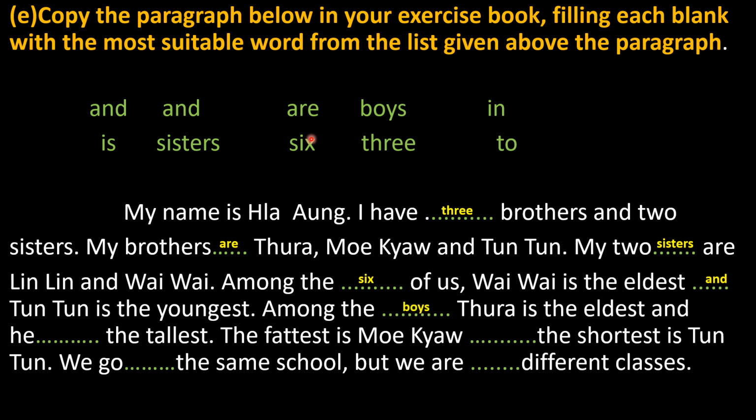Among the boys, Thura is the eldest and he is the tallest. The fattest is Mojo and the shortest is Tonton. We go to the same school, but we are in different classes.